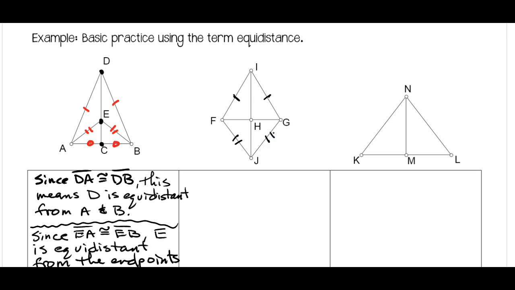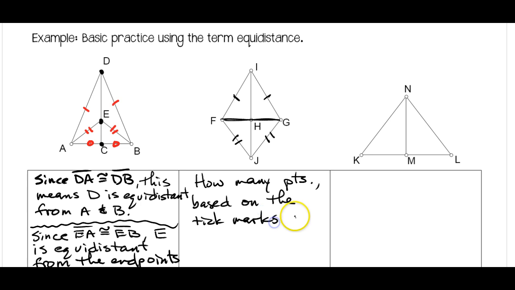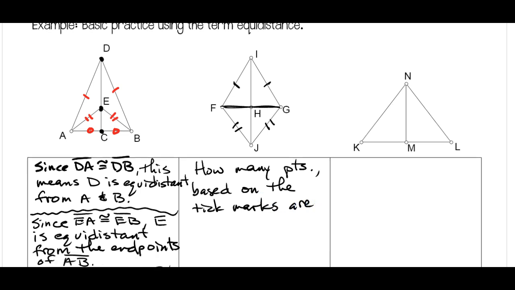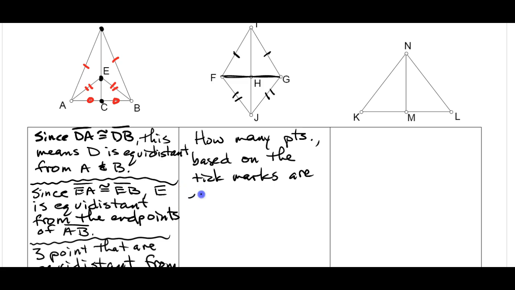So how many points based on the tick marks are equidistant from the endpoints of segment FG?